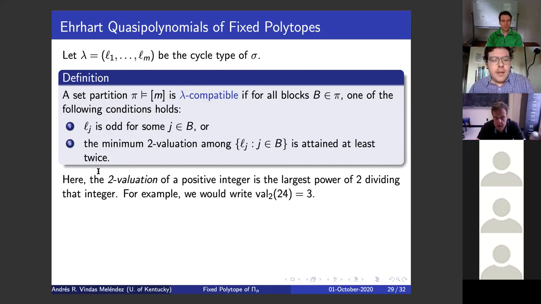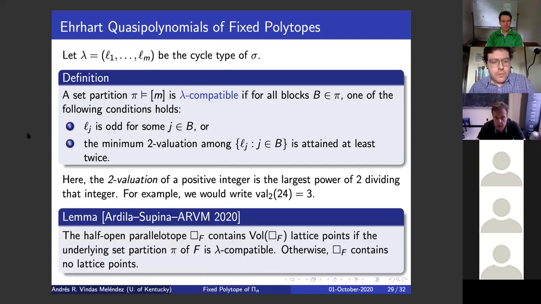And so one lemma is that the half open parallelotope contains the volume many lattice points if the underlying set of F is lambda compatible. Otherwise, if these half open parallelotopes are not lambda compatible, then they contain no lattice points.